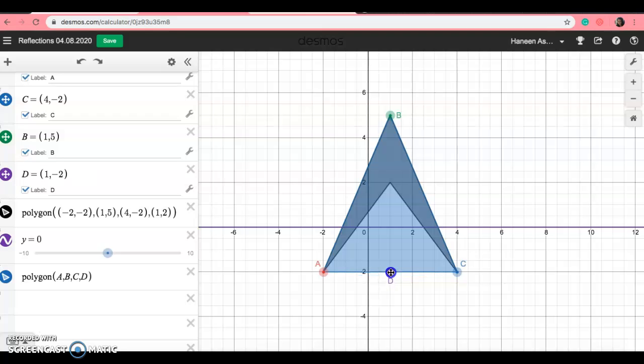We're just going to do the opposite. A is 2 points down, so we move that 2 points up. C is the same thing, 2 points down, so we move it 2 points up.